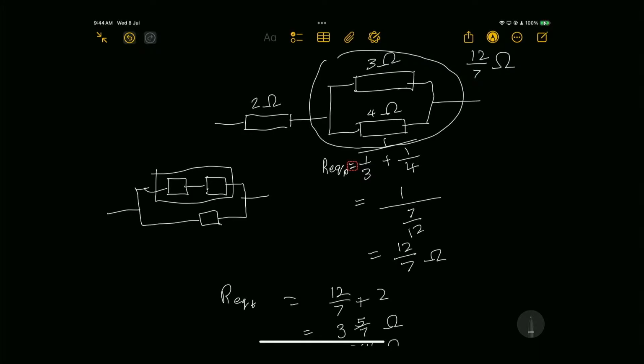Now in this question, the question with the numbers that I gave earlier, is the current flowing through the 2 ohm resistor and the 4 ohm resistor the same?